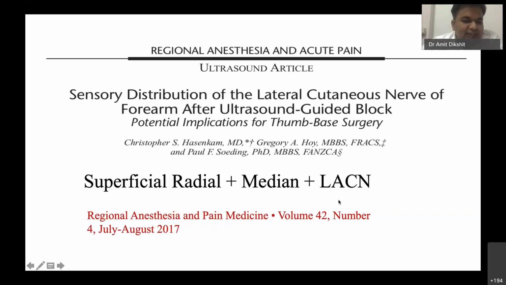Whereas if I am doing a site-specific block, I can selectively block the terminal branch of the musculocutaneous below the elbow, which is the lateral antebrachial cutaneous nerve. Also the radial nerve, as it moves below the elbow, divides into superficial and deep branches. So we can do a selective superficial radial nerve branch block.